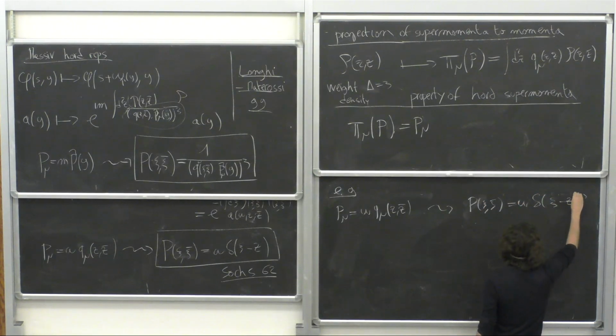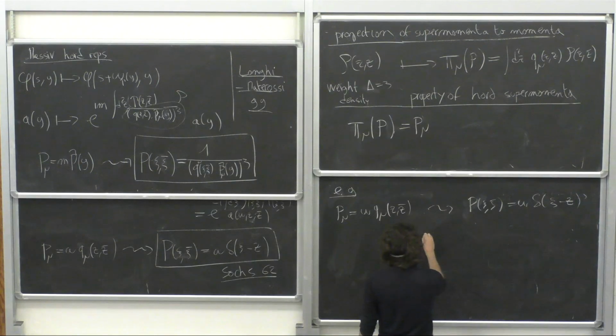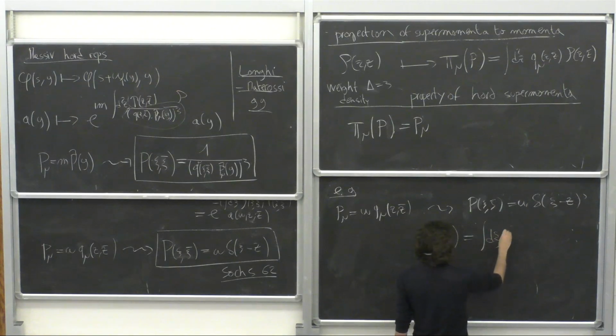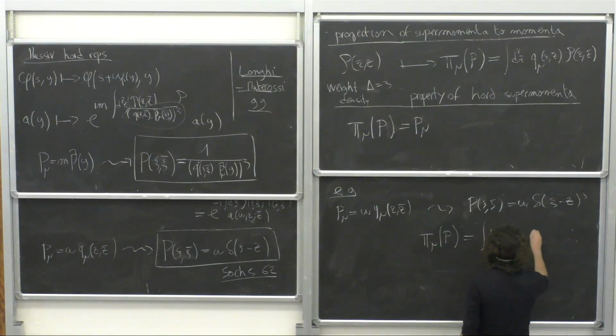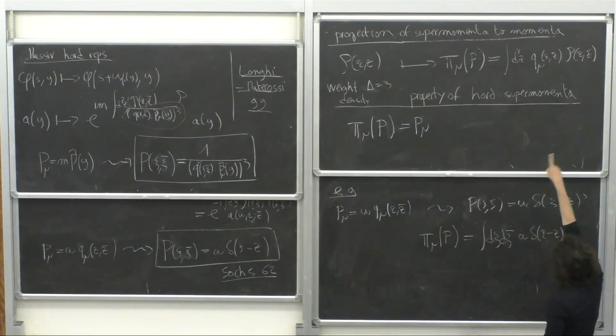Well, here it's completely obvious that now if you compute this projection, P^μ of P is the integral over d ζ bar of ω δ(ζ − z) times q^μ.